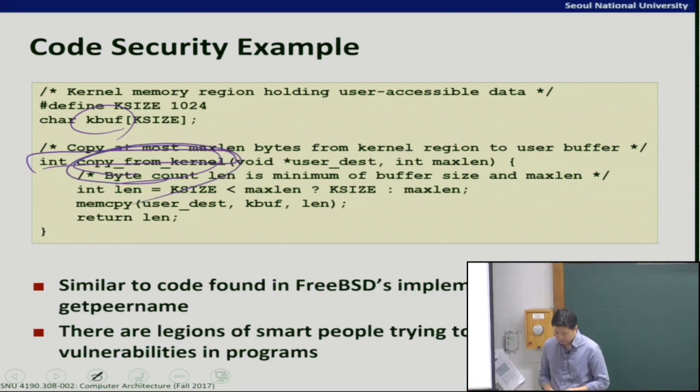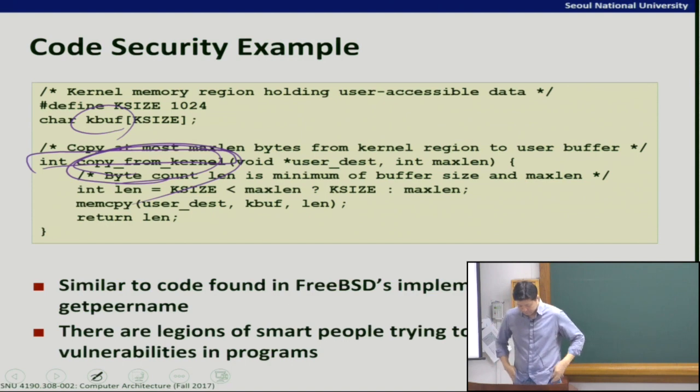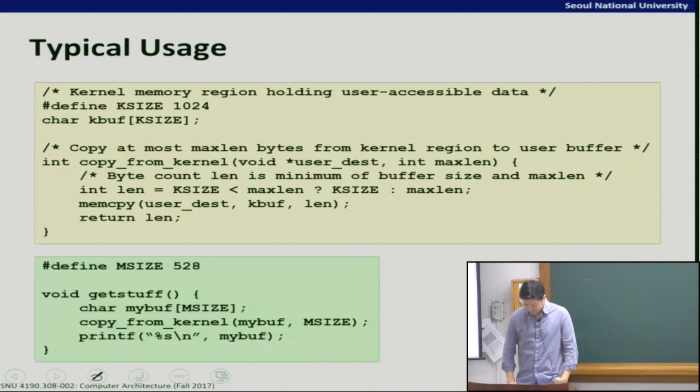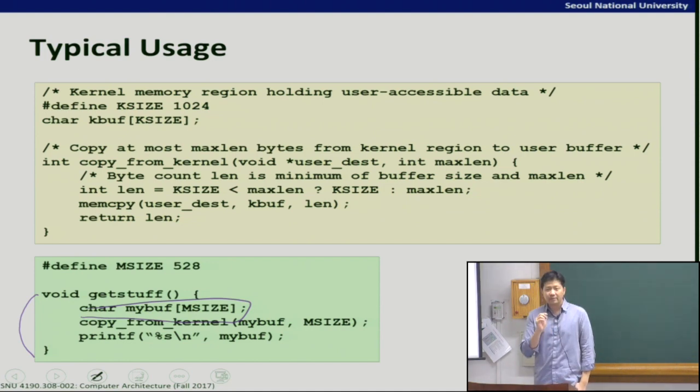So this is similar code. Find FreeBSD's getpname. This is an OS function, and here is an example of how you can exploit this to do something malicious. So this one is a typical use. Typically, in your user level code, you first allocate some buffer, like a character array here, mybuff, as I've shown you.